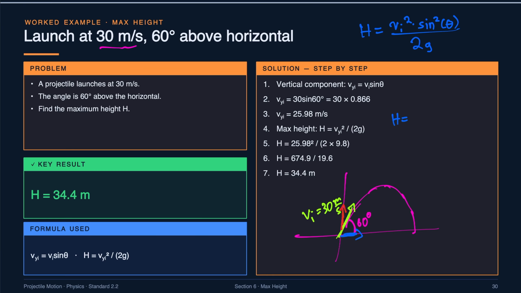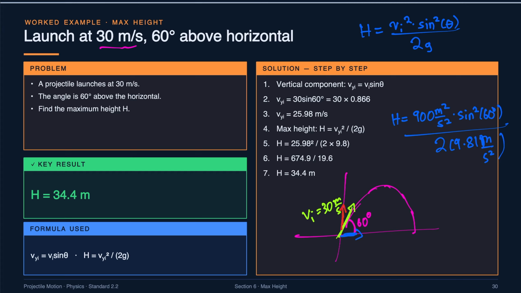So 30 meters per second squared, 900 meters squared per second squared, times sine squared of 60 degrees, all over 2g, or 2 times 9.81. So if you were to calculate this, and then of course I want to put my units here as well, right? Meters per second squared. Then obviously the units cancel out to make meters.